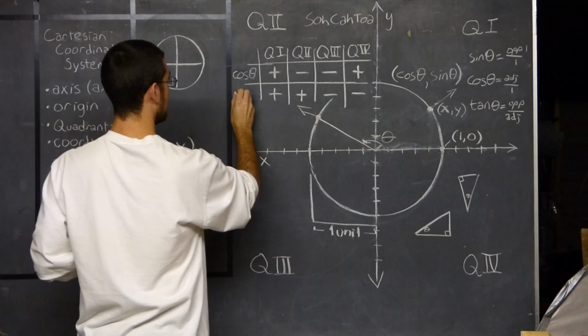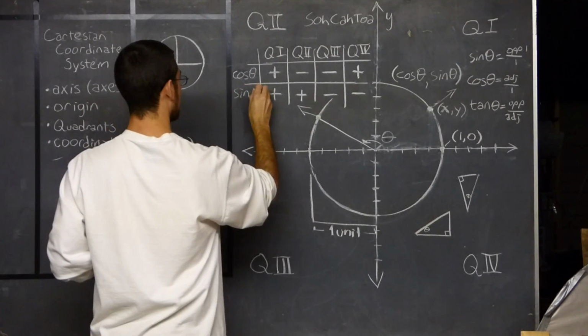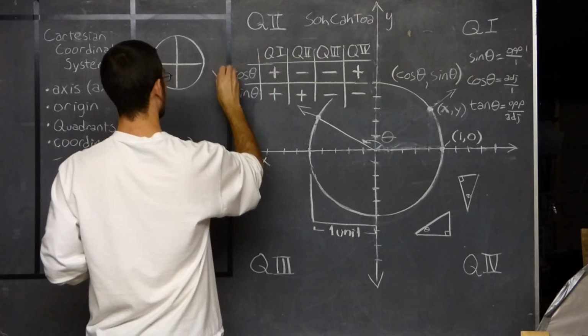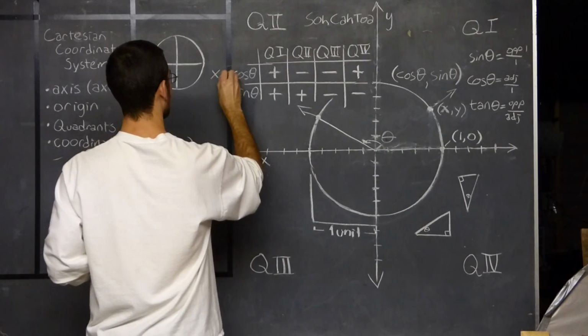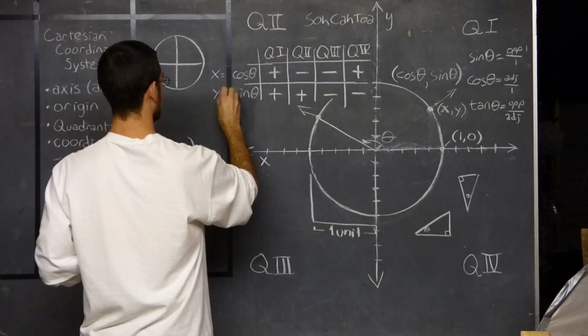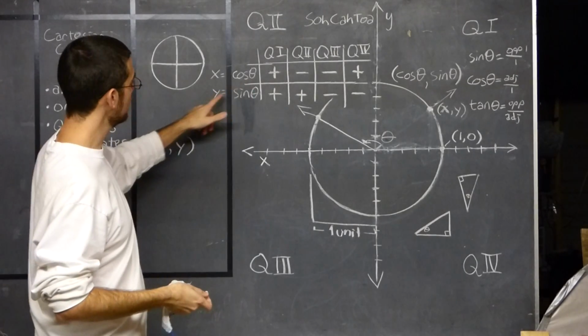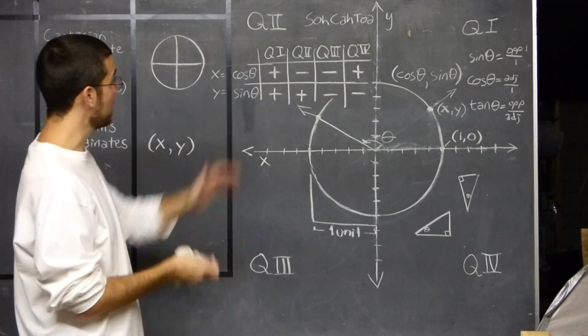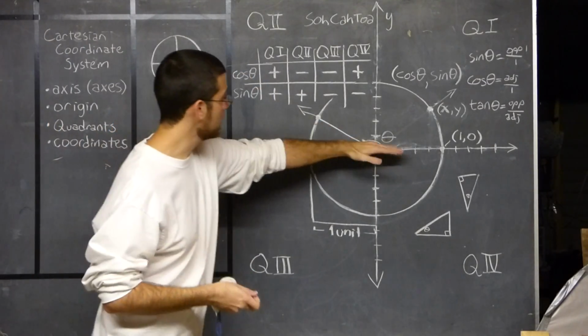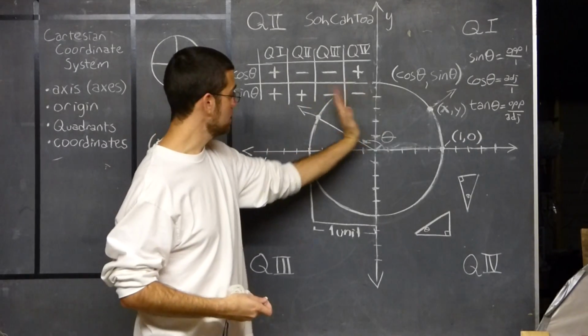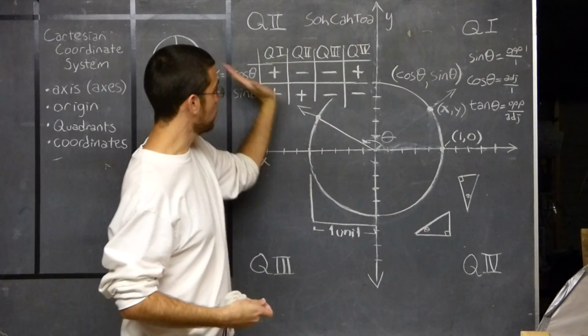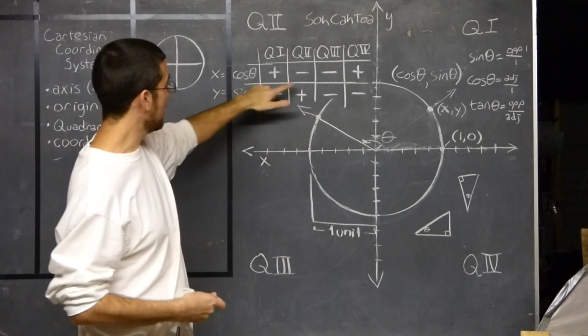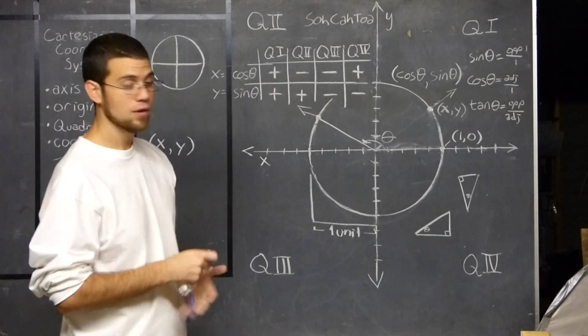Cosine theta and sine of theta are equal to x and y respectively. X equals cosine theta, y equals sine of theta. So now, the cosine of an angle in standard position whose terminal ray is in quadrant 2 is going to have a negative value.